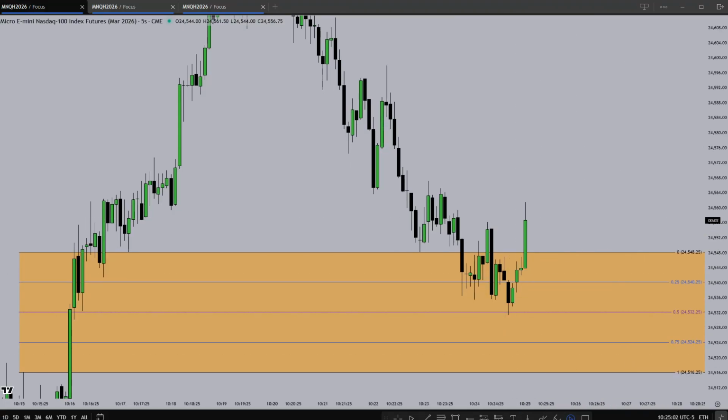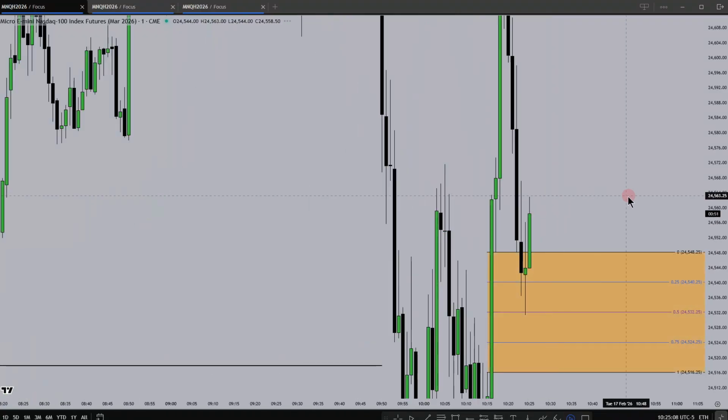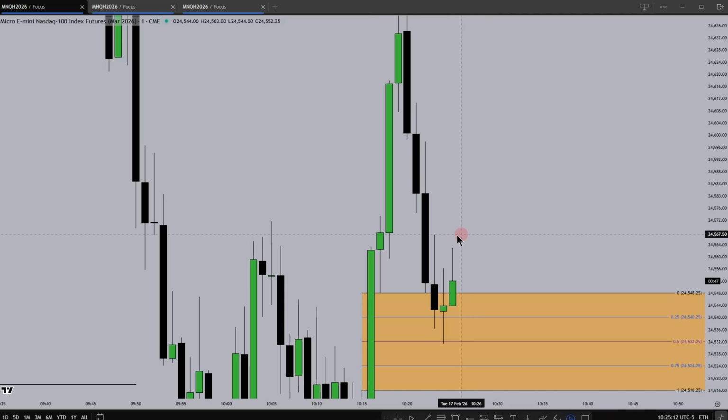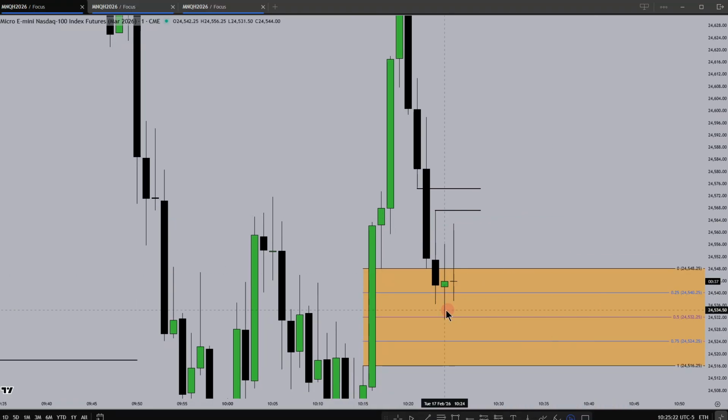You see you have the reaction from midpoint. Then you would monitor potentially this 1 minute fair value gap. If we leave this as a breakaway gap, that's really bearish. So if we leave that 1 minute fair value gap here as a breakaway, that's really weak. But what that needs us to do is close under this low.